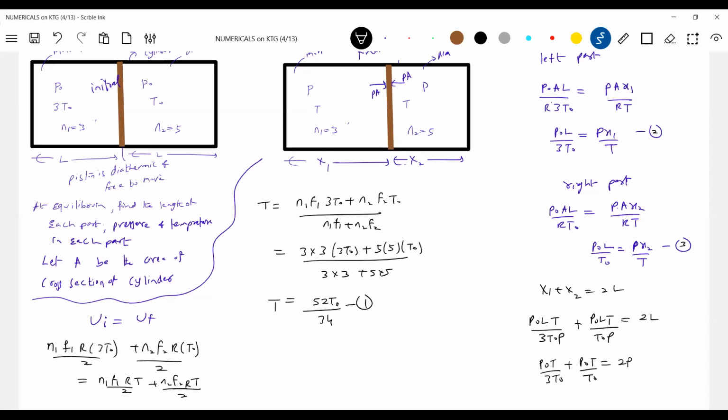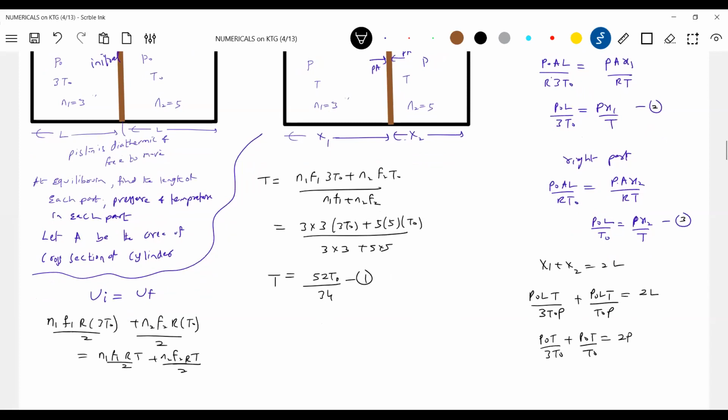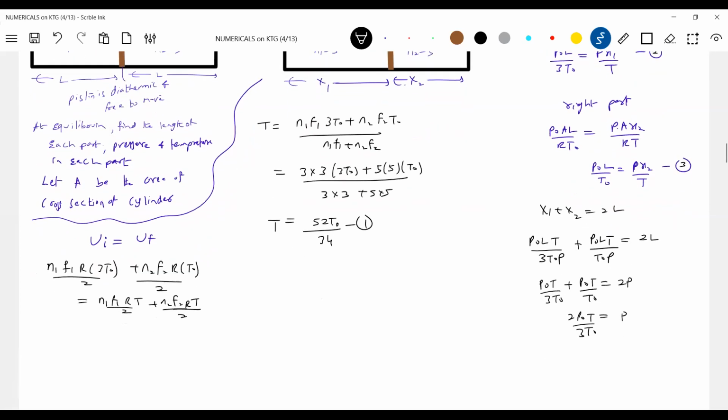So the expression will be 2P equal to 4 P naught T by T naught, or this should be only 2. T by T naught, we have 52 by 34. I'll substitute here. So 2 P naught by 3, 52 by 34.